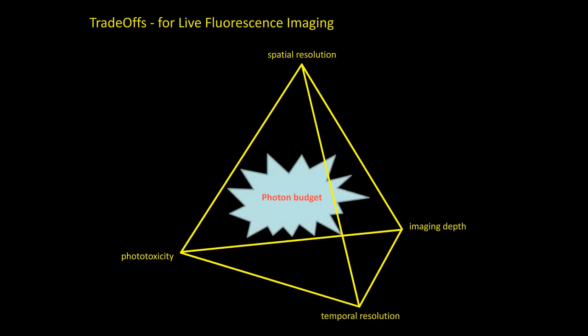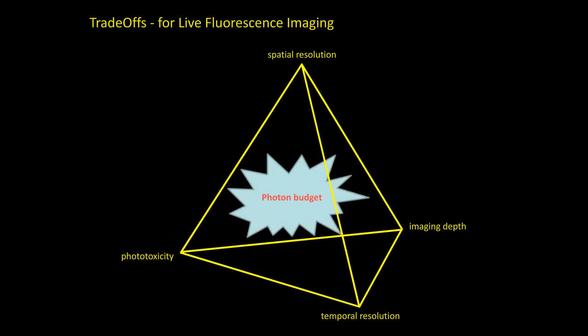Because we are doing fluorescence, all the parameters should be based on the photon budget. If you have an unlimited photon budget, then you can do a lot of things to get very good resolution in space and time, and also depth.